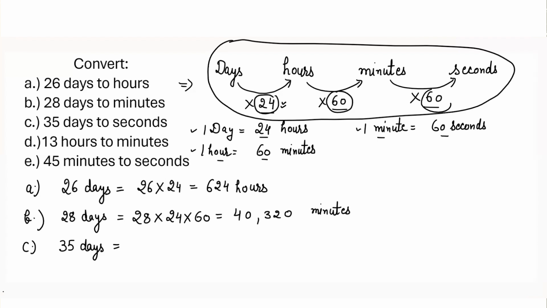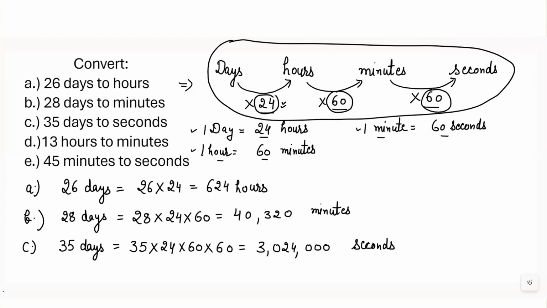That means if I have to change 35 days into seconds, I will multiply 35 with 24, then with 60, then with 60. Whatever answer I get will be in terms of seconds. When I multiply it, I get 3,024,000 seconds.